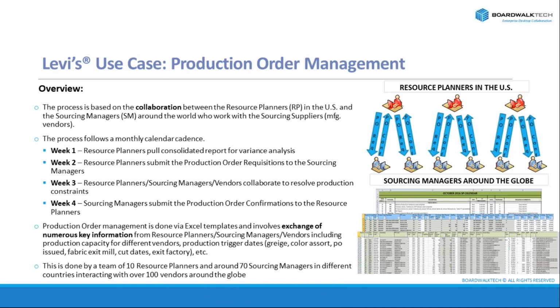In this process, we have a team of around 10 resource planners and about 70 sourcing managers, spread out in different countries, and they interact with a pool of over 100 vendors that they can choose from around the world.